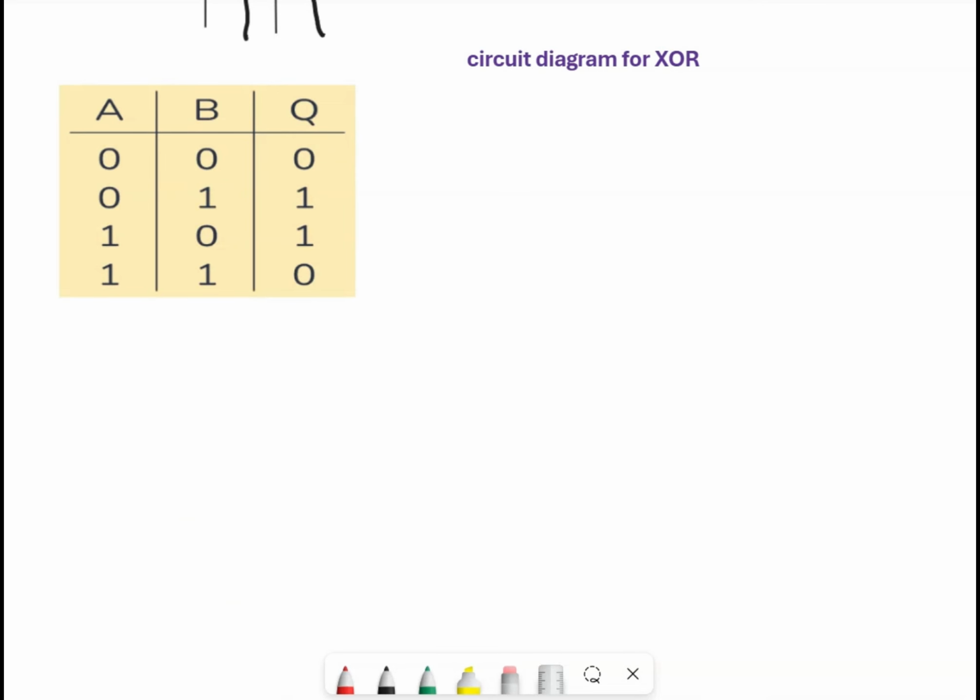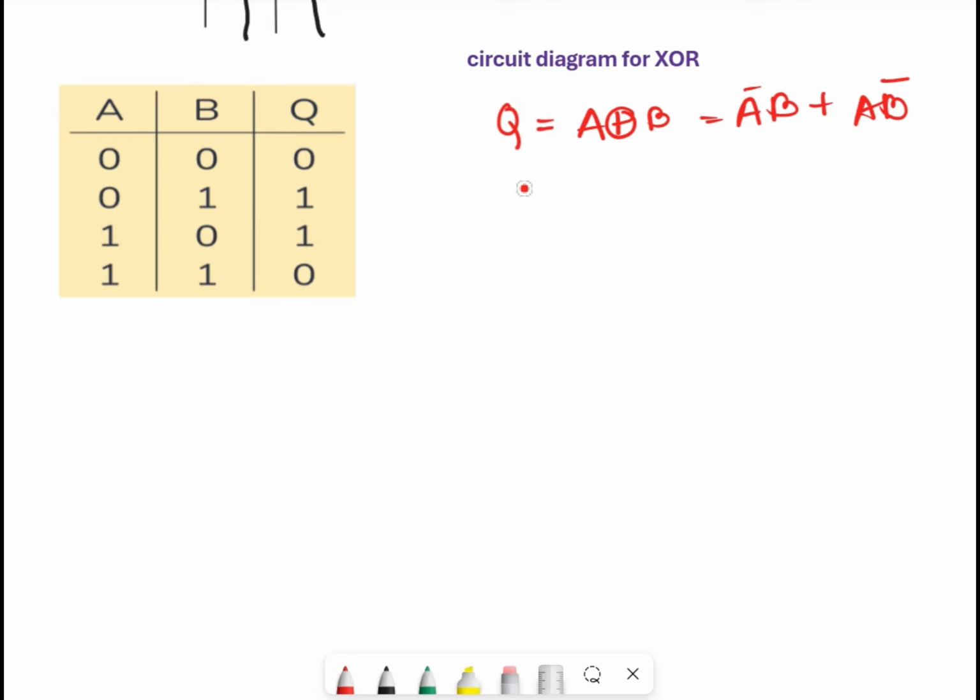It's time to draw the electric circuit diagram for the XOR gate. Indeed, we have to have the output of the XOR gate. So the output of the XOR gate, say Q, is equal to A exclusive B, or we could write down A bar B plus A B bar. Now it's time to draw the circuit diagram.